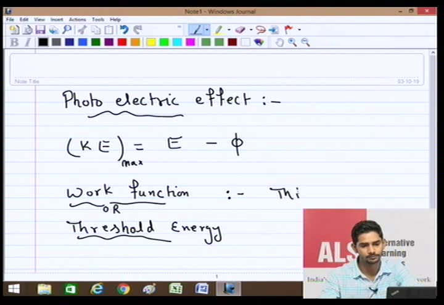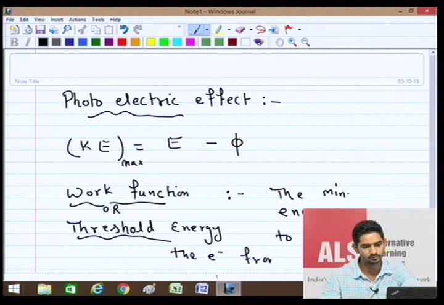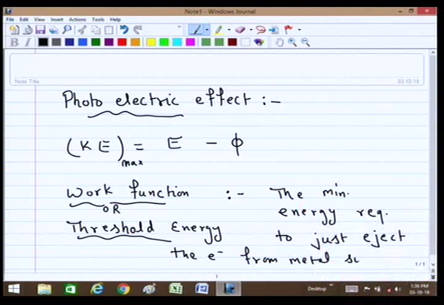This is your work function: the minimum energy required to just eject the electron from the metal surface. Copy please.